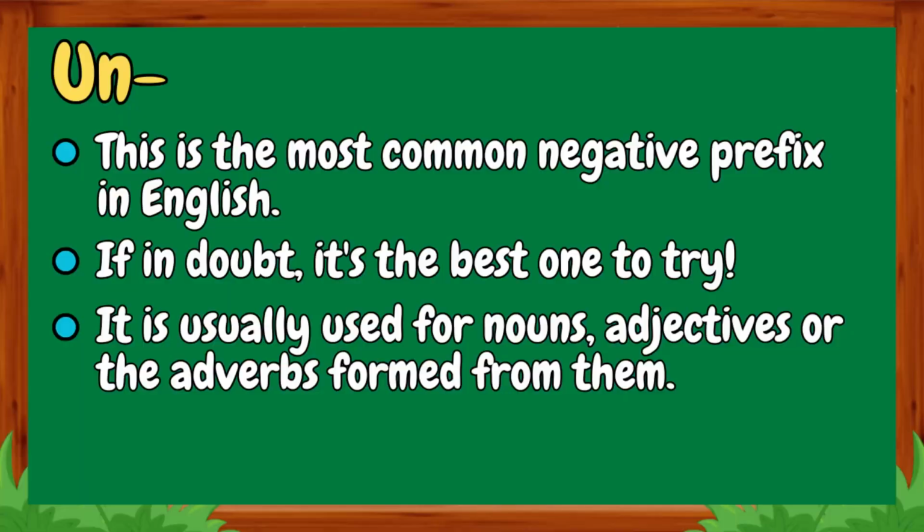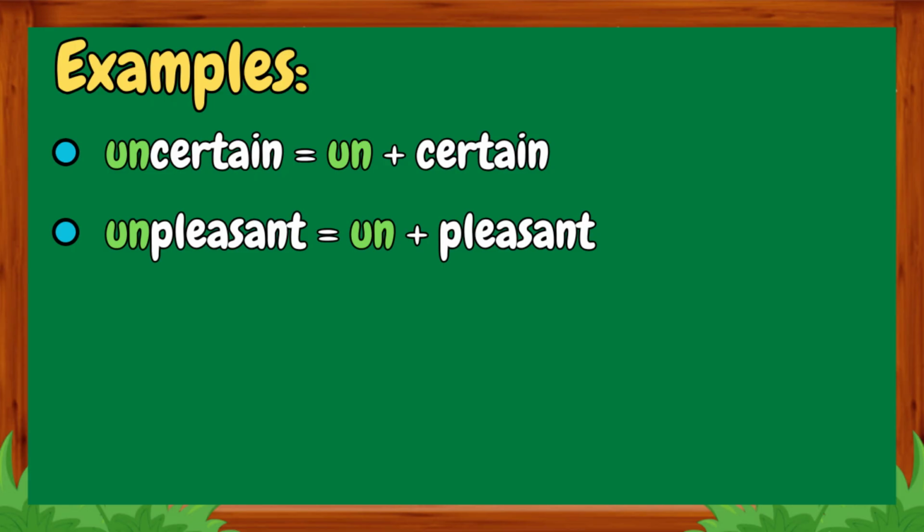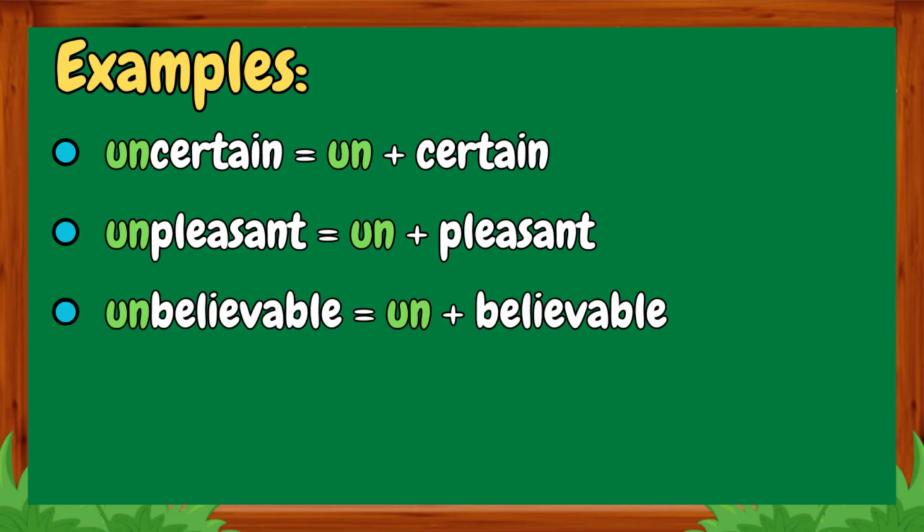Then also, it is usually used for nouns, adjectives, or the adverbs formed from them, and it means not. Okay, so there you have the prefix "un". Let's go look at some examples. Uncertain, unpleasant, unbelievable, unable. Let's move on to the next prefix.